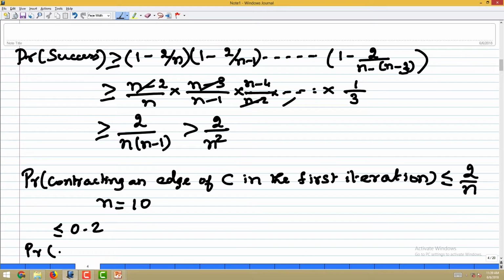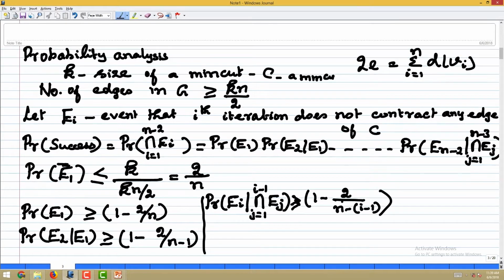Probability of contracting an edge of C in the second iteration. Use the expressions. See, probability of E1 complement is this one. Probability of E2 given E1 is this one. So, probability of E2 complement given E1 is 2 by n minus 1, correct. So, use that one and do.